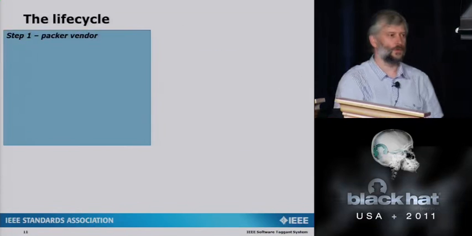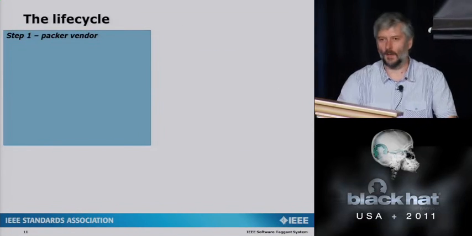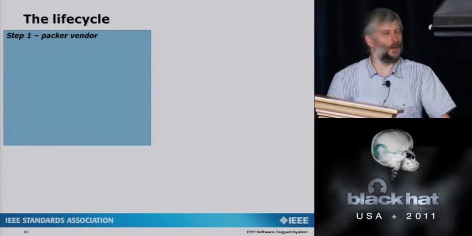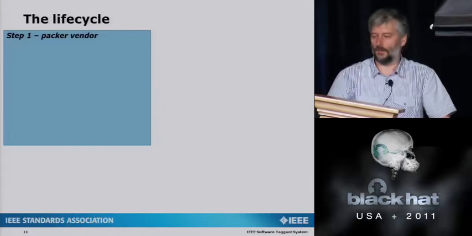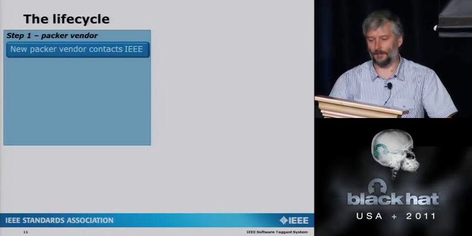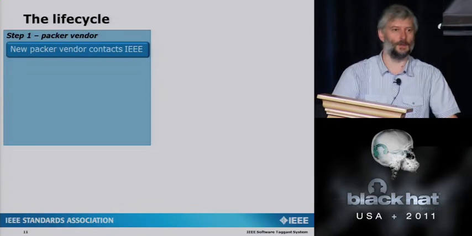Okay, let me run you through the entire life cycle of how the system would work. Let's start with the source of the problem. To put it harshly on the packer vendors, because we are trying to solve the problem of packed malware. So the first step for a packer vendor is to approach IEEE and ask for a license for a vendor.